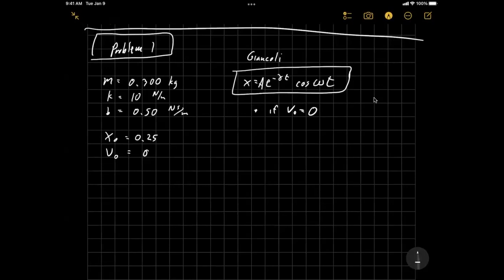So it's important that v naught is 0. And also if the damping is small, and by that I mean that gamma is much less than omega naught, not just less than, but much less than omega naught, which we'll see in this case is a pretty good approximation.